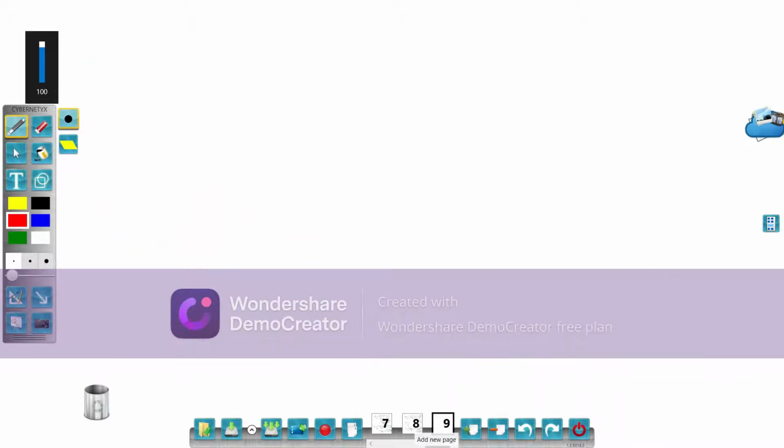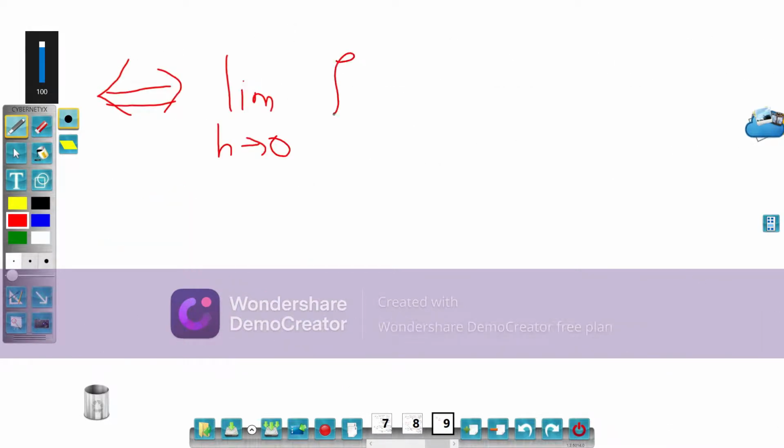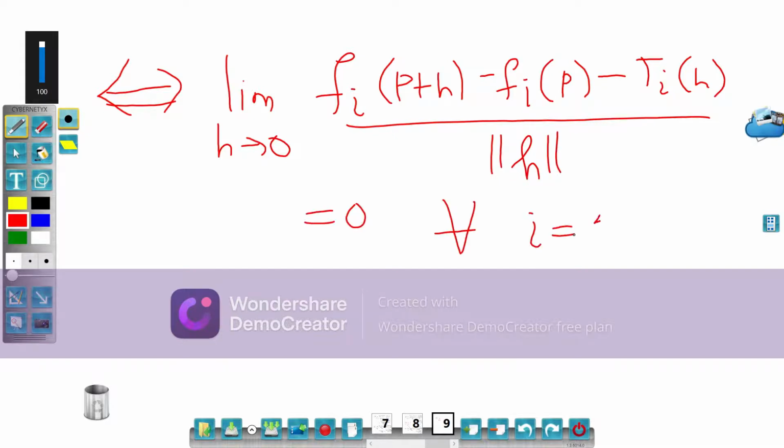So this is equivalent to saying that the limit as h goes to 0 of the ith entry, fi at p plus h minus fi at p minus ti at h upon norm h, is equal to 0 for all i from 1 to m.